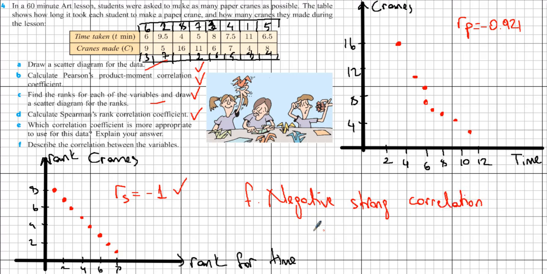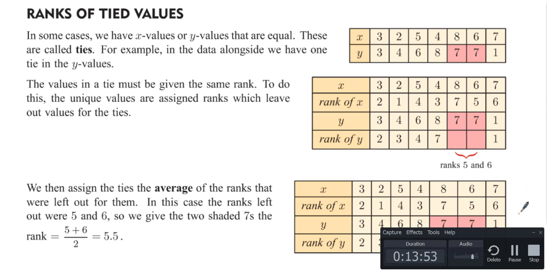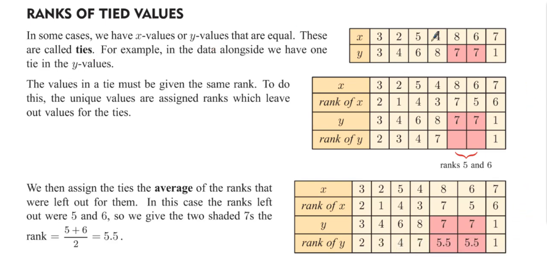Now, one more time, we use Spearman's rank when we have a nonlinear correlation. For tied ranks, for example, when you have two same values, 7 and 7, how will you find their ranks?